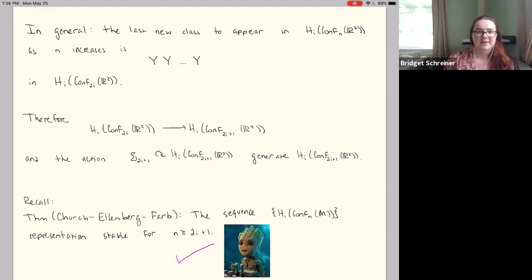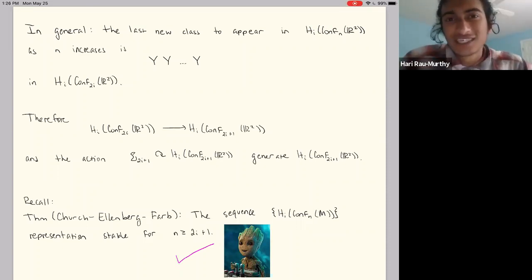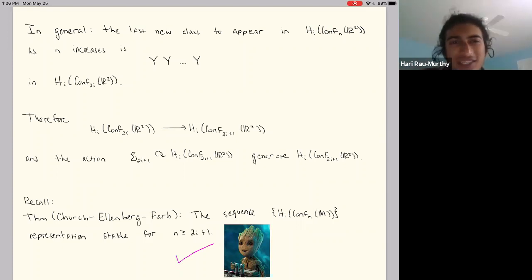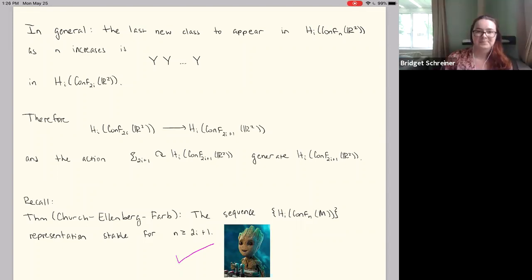Are there any questions on this section? So does representation stability happen when there are no new shapes that occur? Yeah, in this model, yes. I have a question.